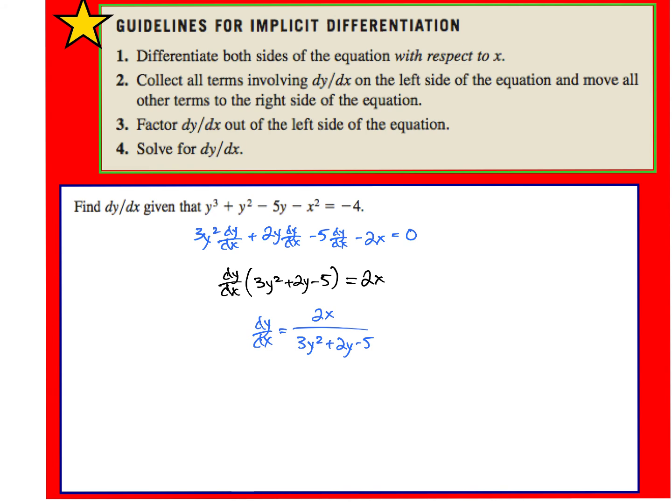I want to talk about notation a little bit. Remember when we could take a derivative and then say x equals something? Well, now, when I have a derivative like that, I can't say just x equals something anymore.